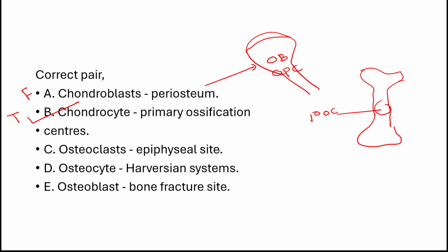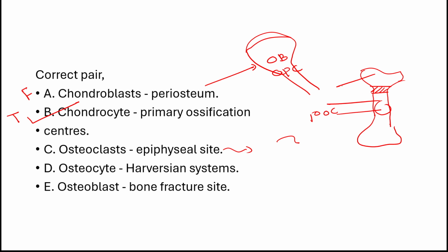Osteoclasts in the epiphyseal site. What is the baseline phenomenon that we use? Osteoclasts are involved in remodeling. So anywhere where remodeling is present, osteoclasts are to be seen. As I said, in a normal bone, usually the epiphysis and the diaphysis undergo bone remodeling. The only region where bone remodeling does not take place is the epiphyseal cartilage or the metaphysis.